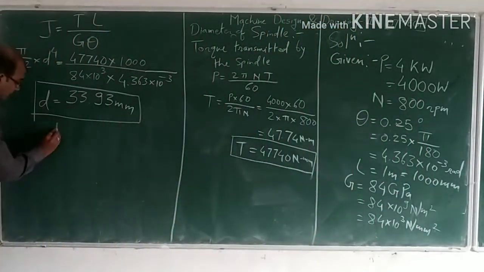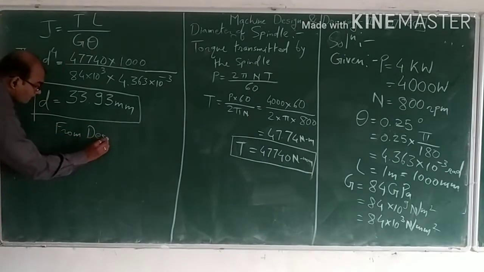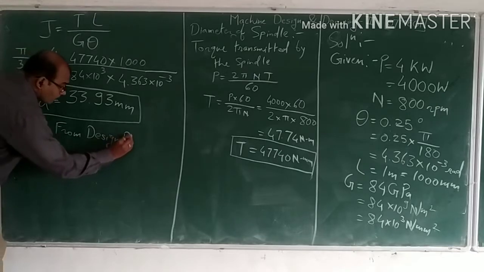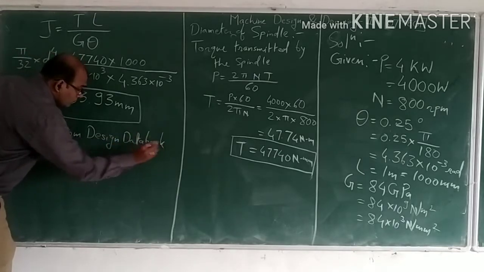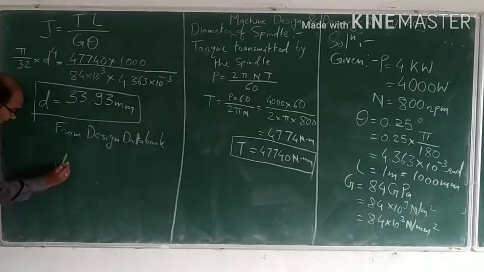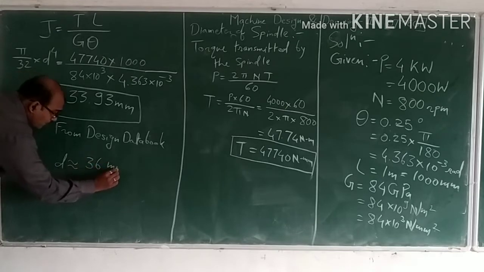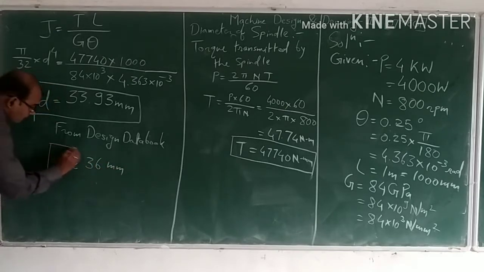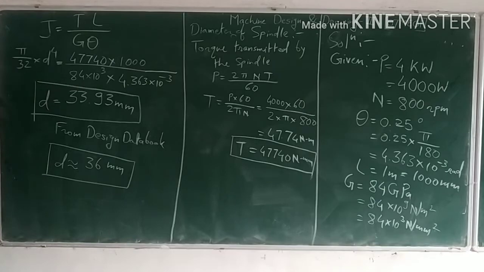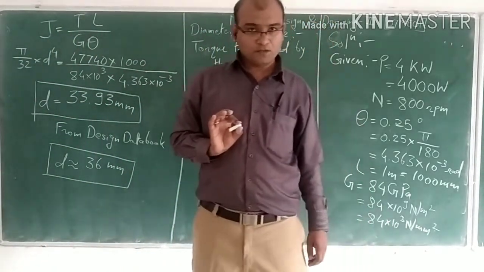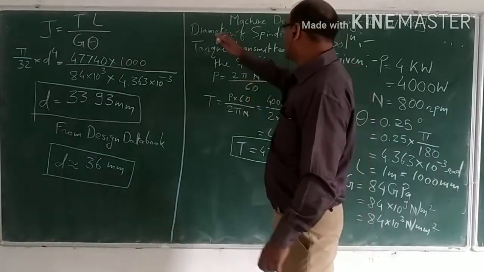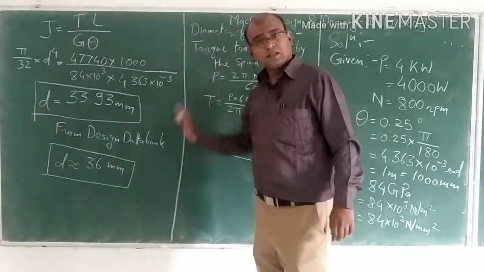So from the design data book, d equal to 36 mm. Right now, the diameter of the spindle is completed.